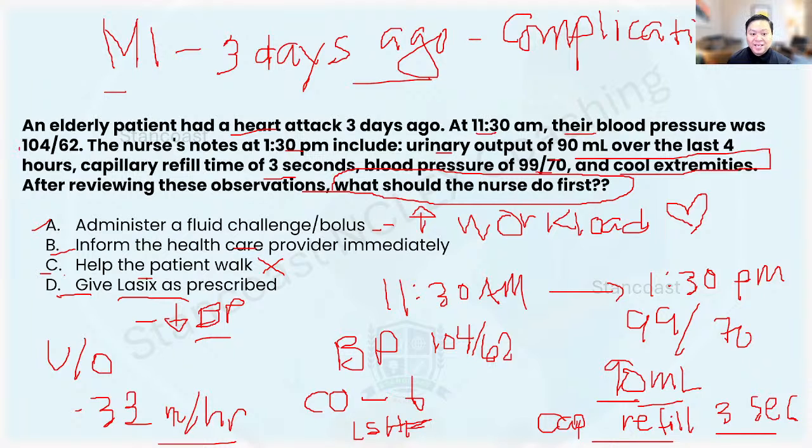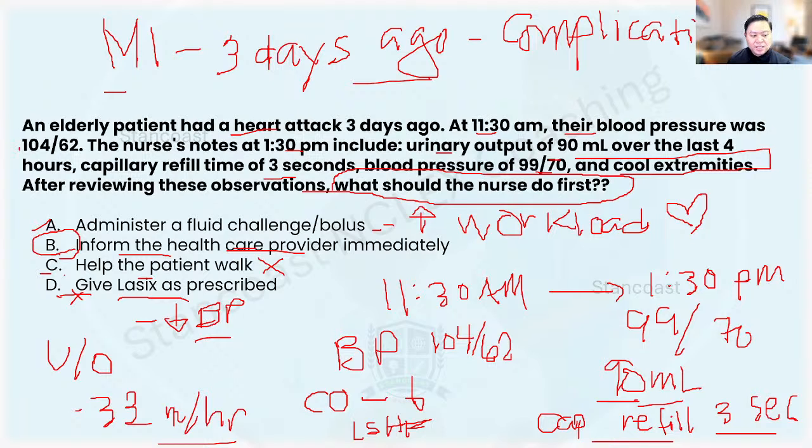It will decrease the cardiac output all the more, will decrease the blood pressure, and again, it will cause more harm than good to our patient. So it will be inappropriate. We don't want that. So we are going to select letter B, inform the healthcare provider immediately.